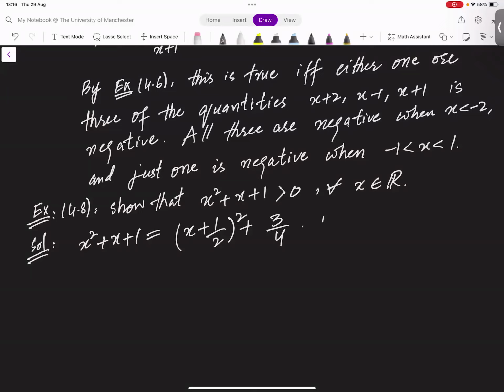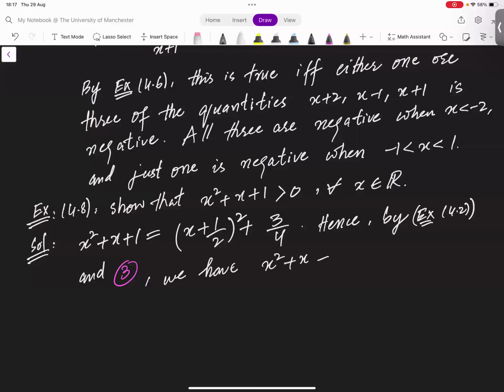Hence, by example 4.2 and rule number 3, we have x square plus x plus 1 is greater than or equal to 3 over 4 for all x. Okay.